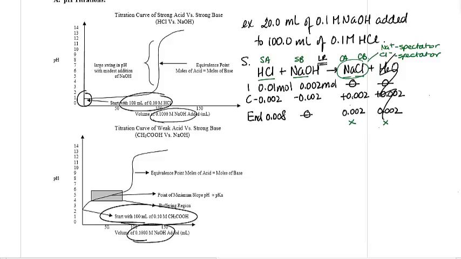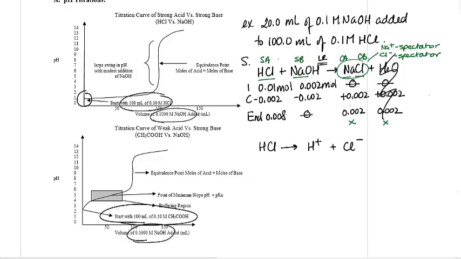But now, when we take a look at the HCl, we now look at the next equation that it will undergo, and that is all of the HCl, because it is a strong acid, is going to completely dissociate to form H plus and Cl minus. So now we take a look at our next reaction, which is HCl. It is now going to break apart to form H plus and Cl minus.